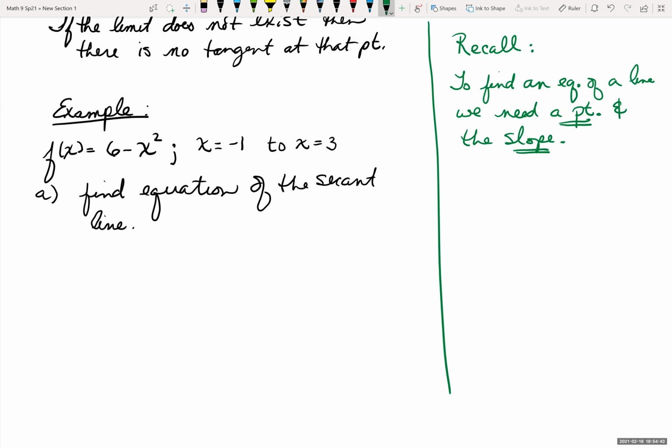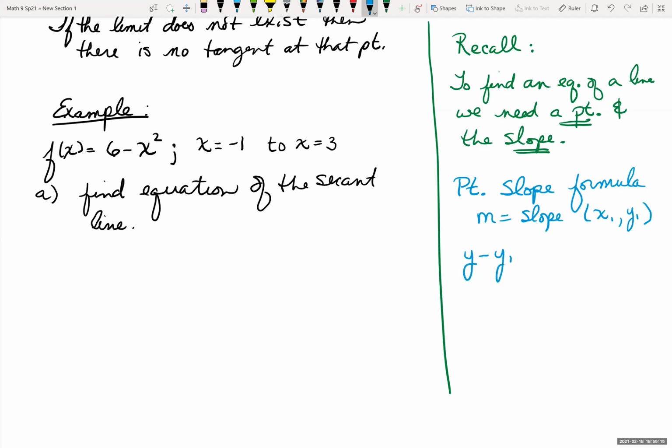And there was a couple of methods that you can do to find the equation of the line. Recall you had your point slope formula. So if m was equal to the slope, and let's say your point, we called them x sub 1, y sub 1 on the line, then the equation of the line is y minus y sub 1 is equal to your slope m times the whole quantity, so parentheses x minus x sub 1.